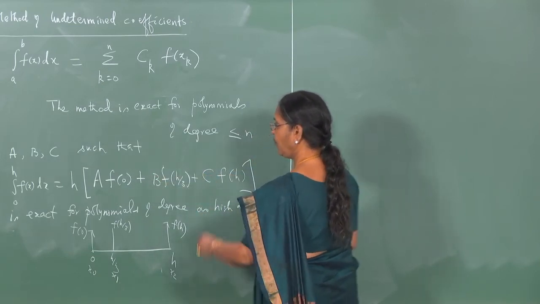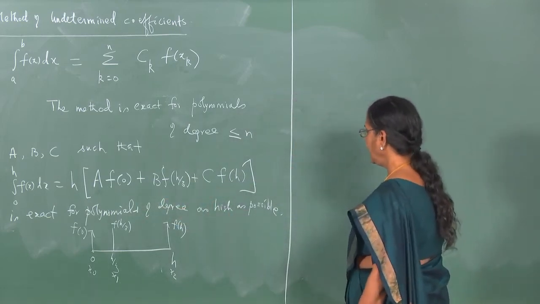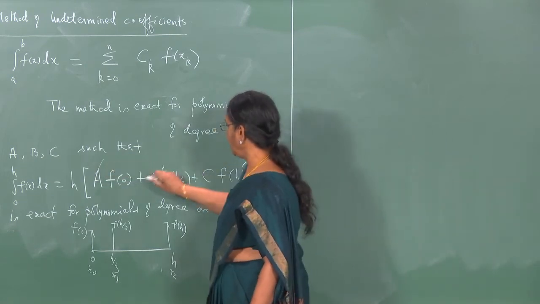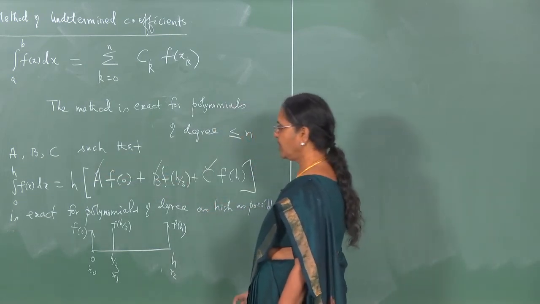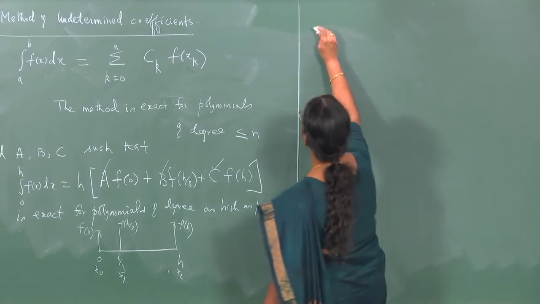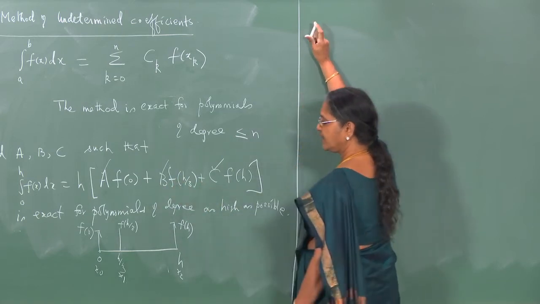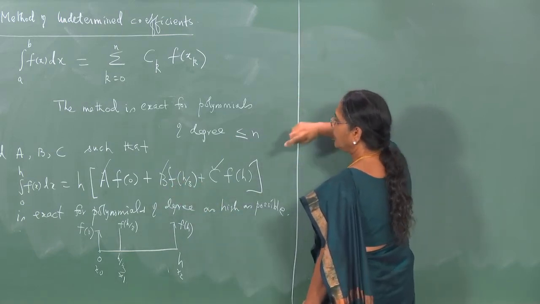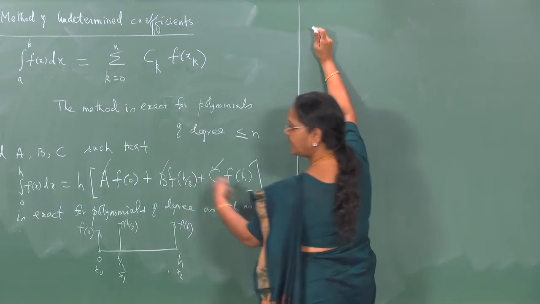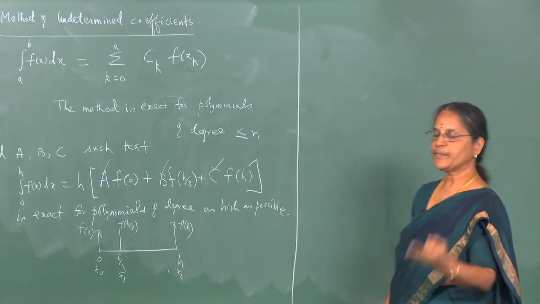What does it say? We want this method to be exact for polynomials of degree as high as possible. And we observe that the method involves 3 arbitrary constants. So, we require 3 conditions. So, we make the method exact for polynomials of degree 0, 1 and 2.